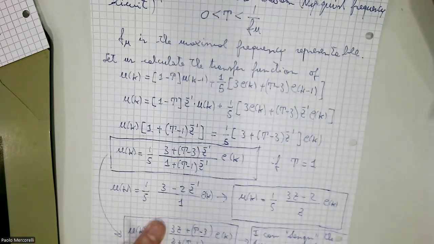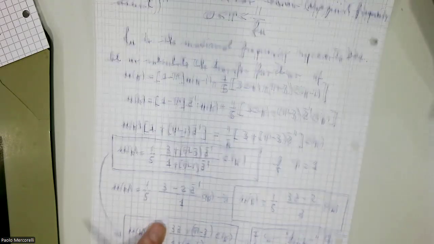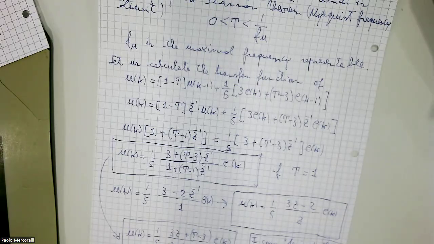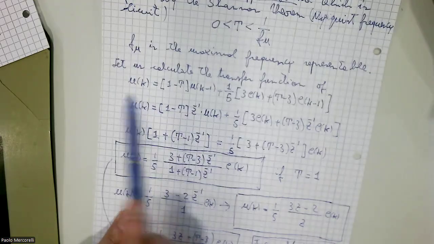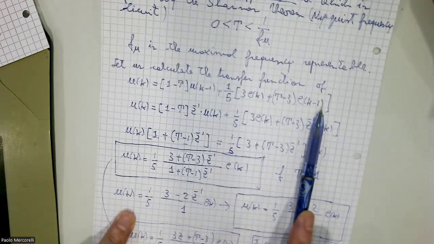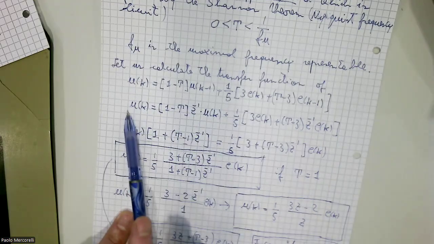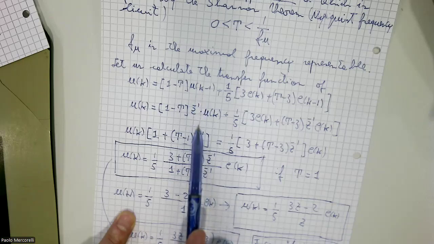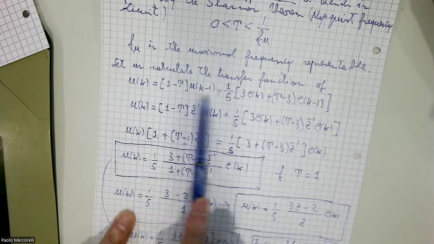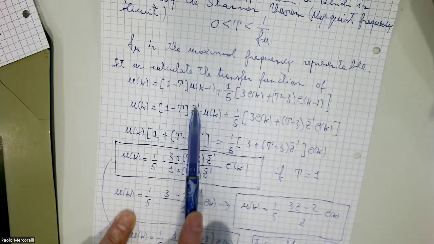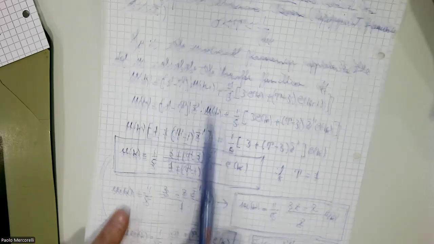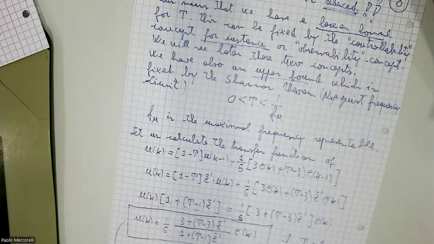Look at the transfer function now, in terms of this pseudo variable z, the shifting operator. This is my general expression valid for each t. Now I use the shifting operator. Instead of u of k minus 1, I will write z to the minus 1 multiplied by u of k, in accordance with the mathematical definition.